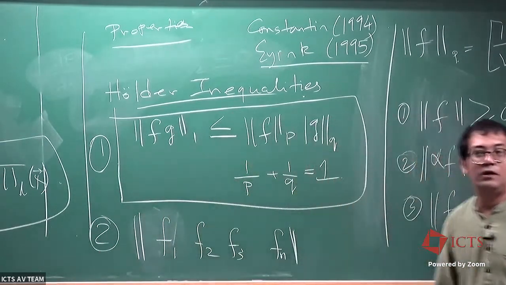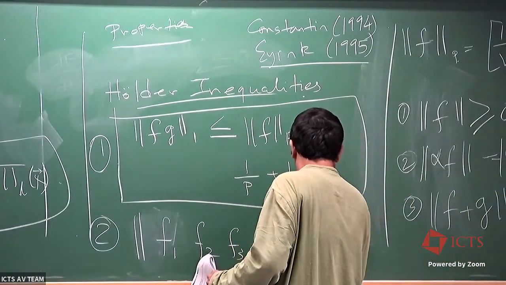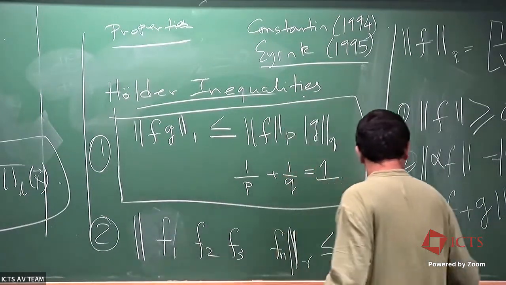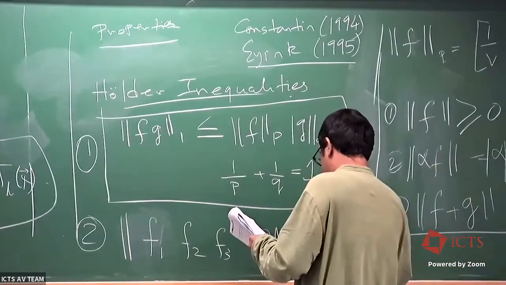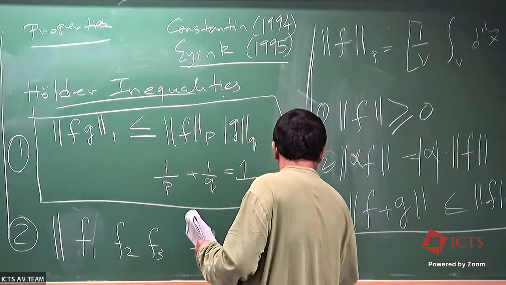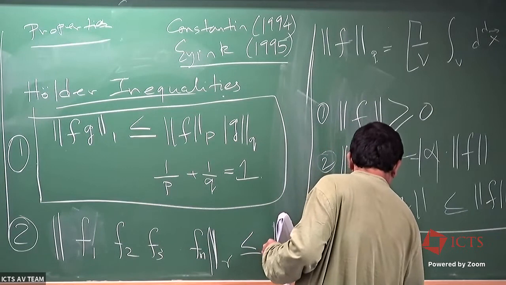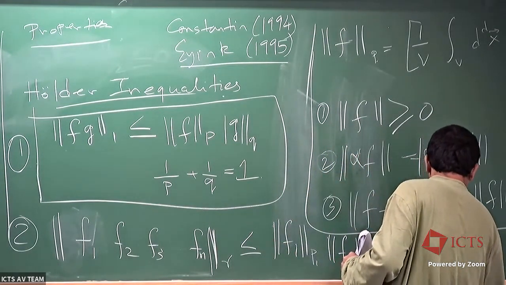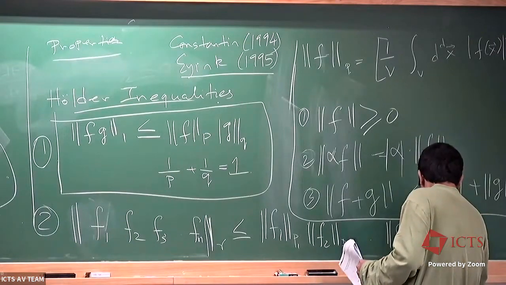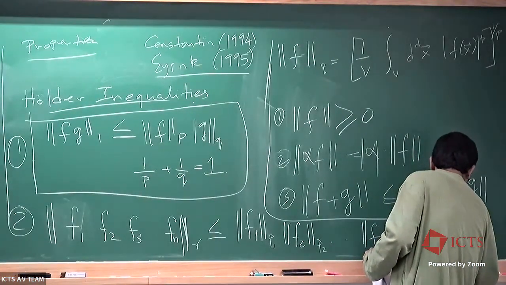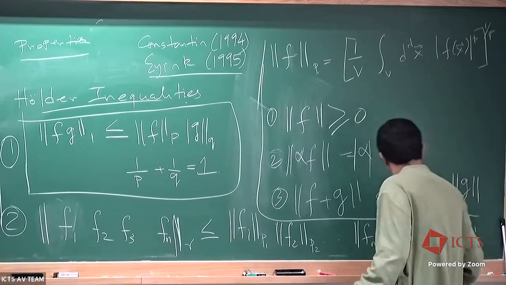If I take the norm of n functions, f1, f2, f3, etc., and take the rth norm of this product, then it will satisfy a bound.